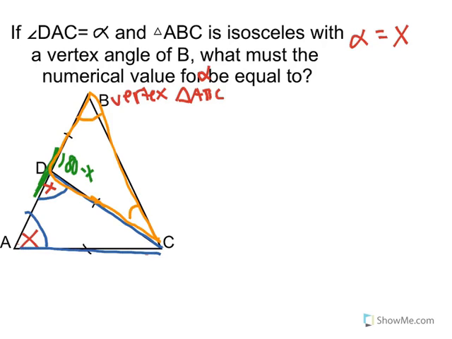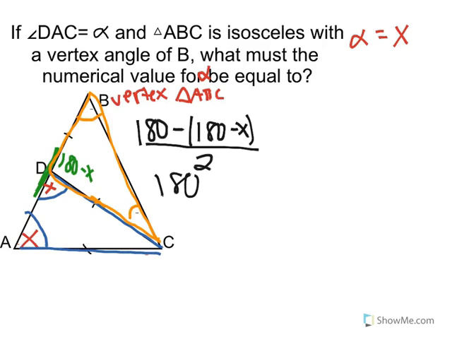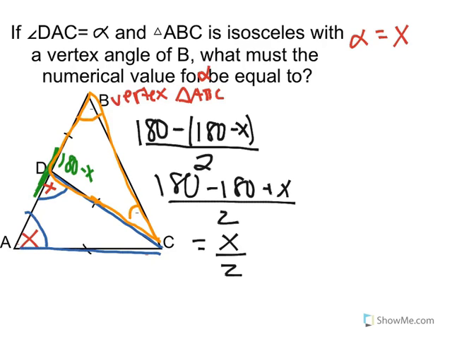So if I'm going to find them, I would subtract what we have from 180. So 180 minus what we have is 180 minus x, and then I would divide that by 2 to find the two congruent base angles. So simplifying this is going to give me x over 2.